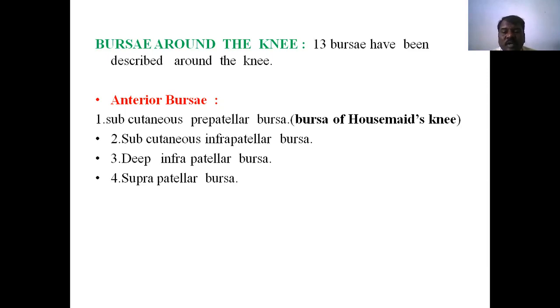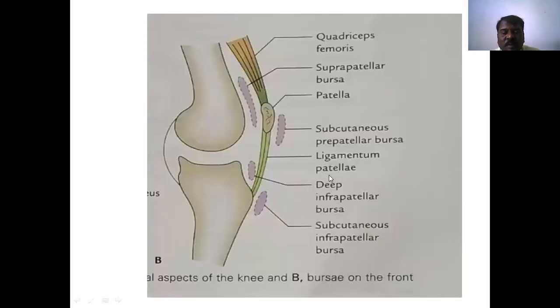Next, deep to the patella we can also identify the deep infrapatellar bursa and suprapatellar bursa. These are the 4 bursas we can identify anteriorly. See, the subcutaneous prepatellar and subcutaneous infrapatellar, deep suprapatellar and infrapatellar bursas are present anteriorly.